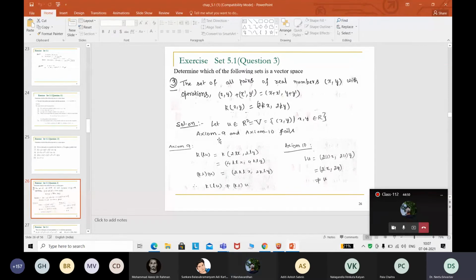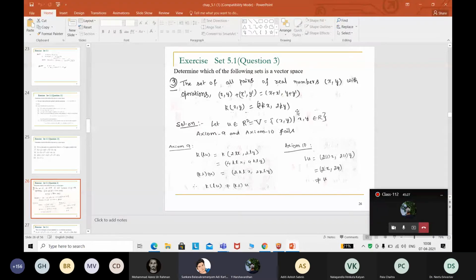L should be multiplied to U, whatever the vector is. Just see what set you are getting. Set is given as x comma y. Addition of two vectors in the set is defined as (x, y) plus (x dash, y dash). When you are adding this, you will get x plus x dash comma y plus y dash. K into (x, y) is given as 2kx comma 2ky. When we are multiplying L into U, we should place L in place of K.